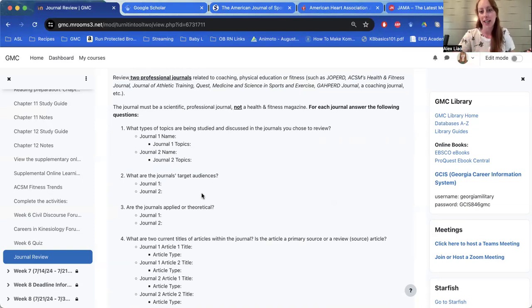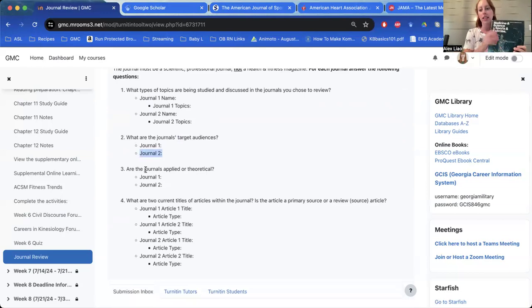So for example, we have the American Heart Association, so they are going to be targeting cardiologists and those within the cardiac world. So who is the target audience for the journal that you're talking about? So for journal 1, the one that you pre-selected, what's the target audience? And then journal 2, what you pre-selected, what's the target audience?